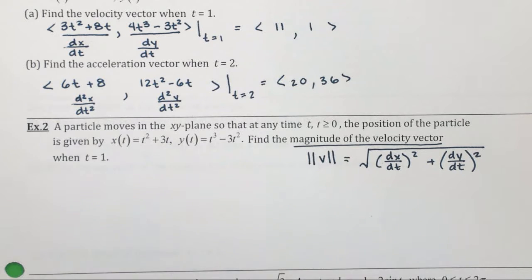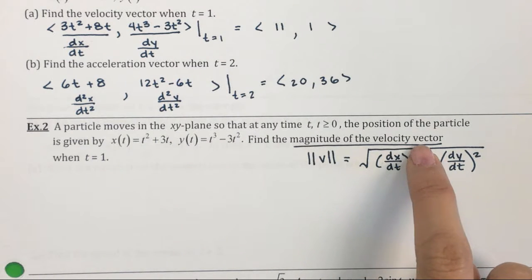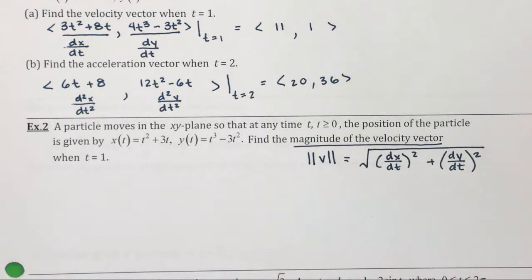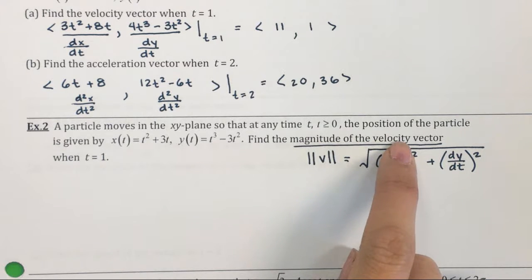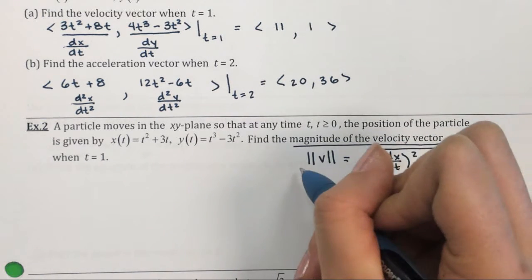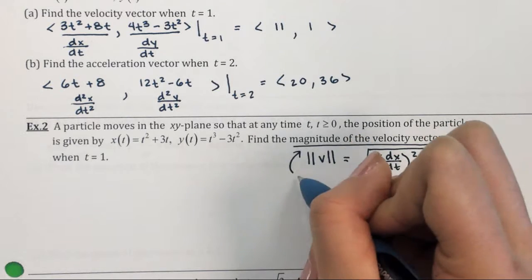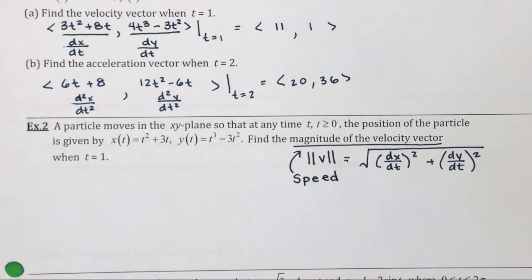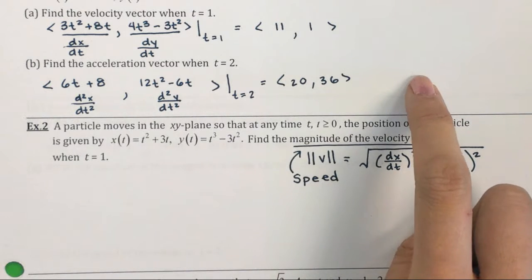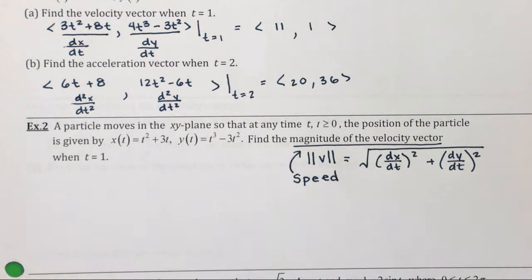Magnitude gives you a number, which is basically the size of the velocity vector. So anytime it says magnitude of the velocity vector, this is the same thing as saying speed. Okay? So speed is the magnitude of the velocity vector.